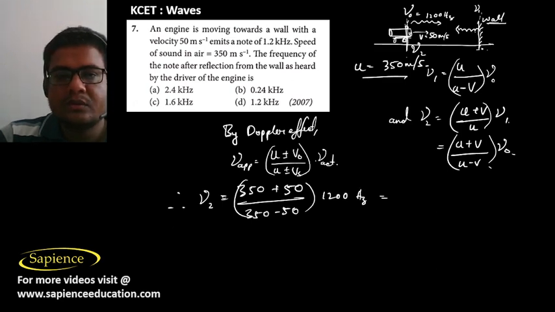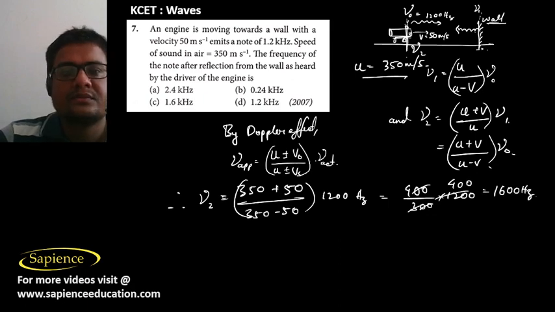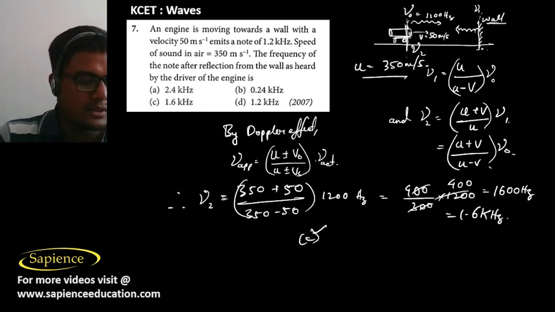So this will be 400 by 300 into 1200, which is 4 times 4 is 1600 hertz. So this will be 1.6 kilohertz. So option C is the correct answer.